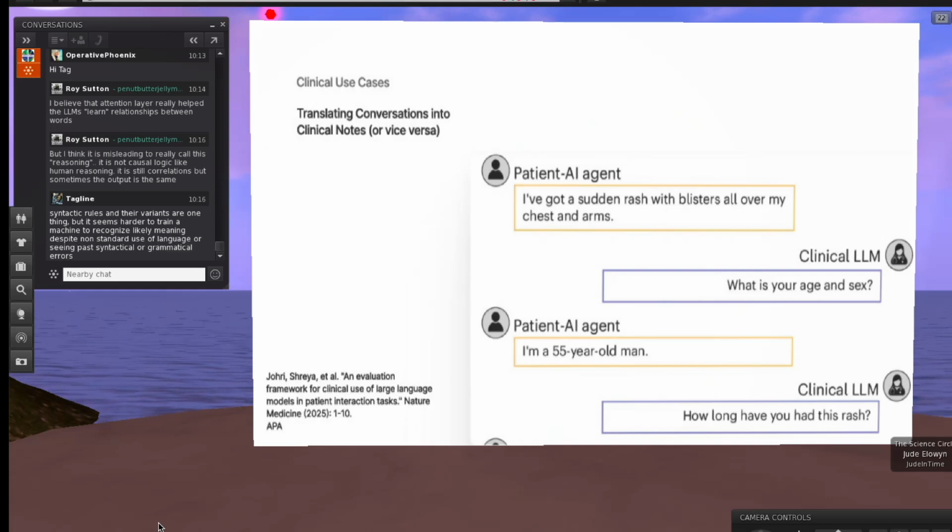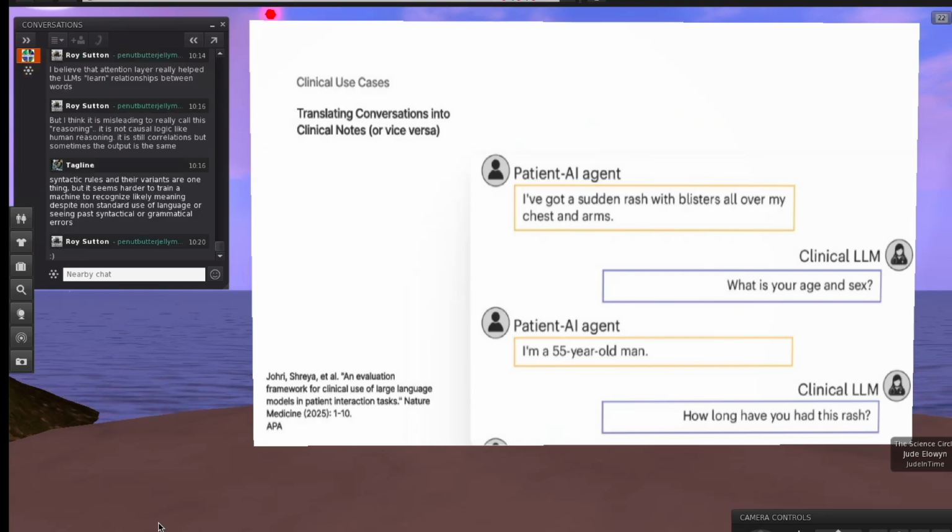And likewise, LLMs are also capable of conversing with patients. Whether it's their memory capabilities or their reasoning capabilities, and I have to say reasoning with open inverted commas now, thanks to Roy's comment earlier, through these capabilities they can actually learn to ask relevant questions to the patient.